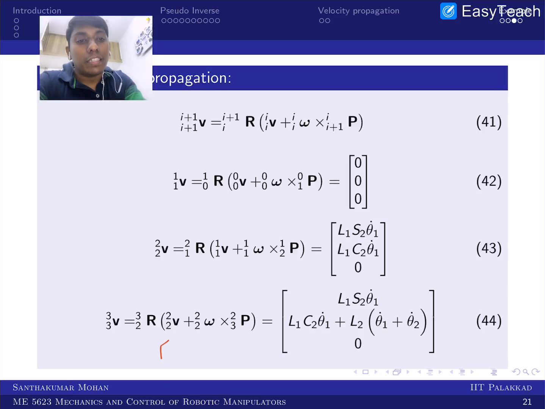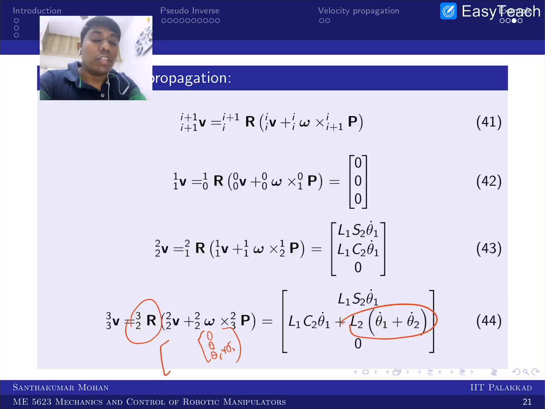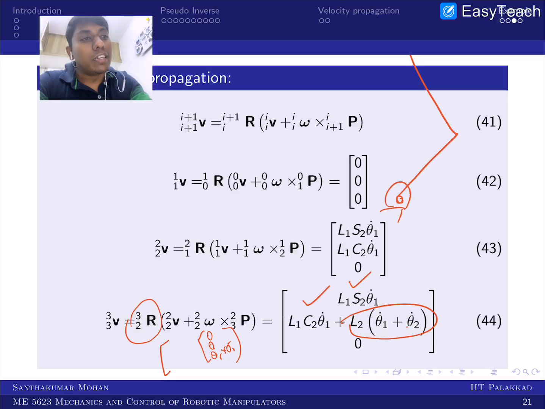So in this sense, this is the value, and this is 0, 0, theta 1 dot plus theta 2 dot, so this term would be added. You see this is a simple identity matrix, so that's why you got it. Already you obtained it from this, and this would be added, so that you can cross check at this point. You can see that this is rotating with respect to theta 1 dot.